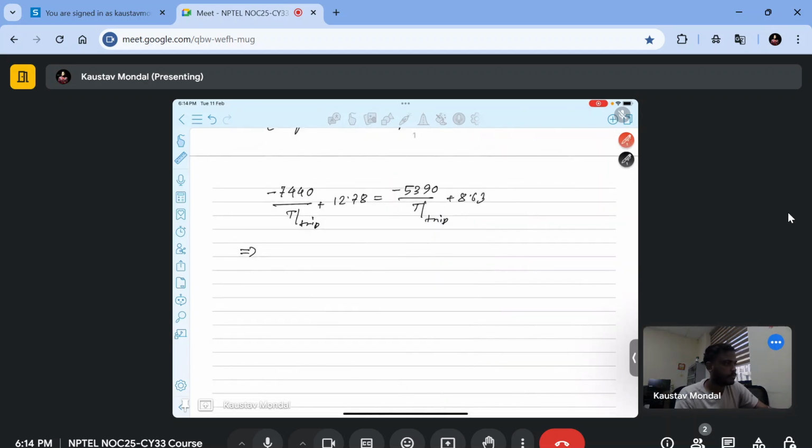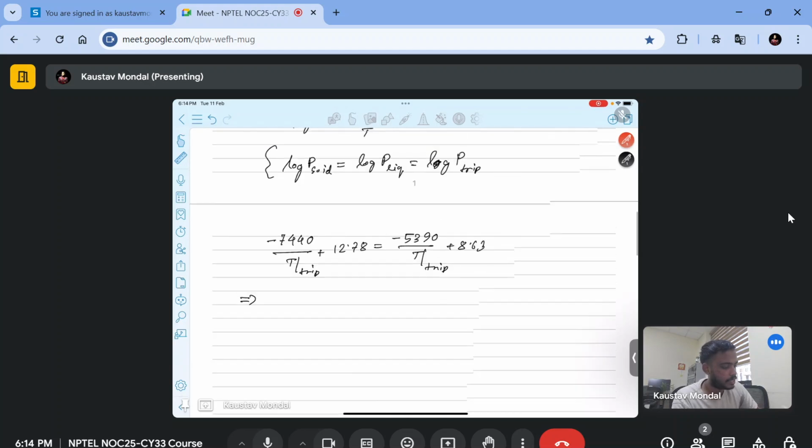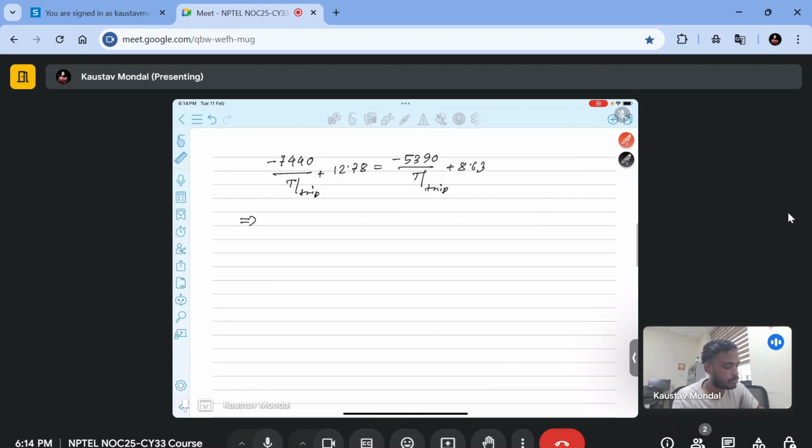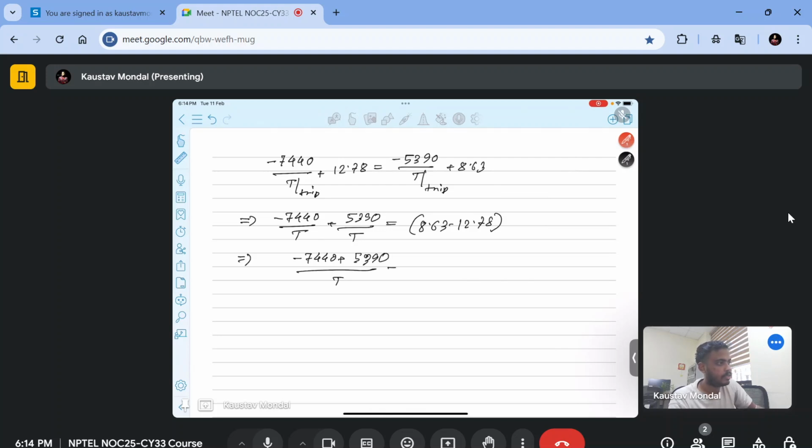Now you just have to solve this equation. We take this term to the left hand side: -7440 by T plus 5390 by T equal to 8.63 minus 12.78. This gives -7440 plus 5390 by T equal to -4.15.